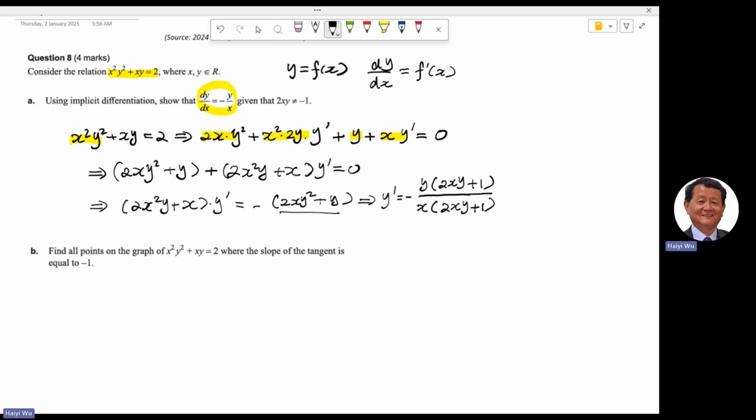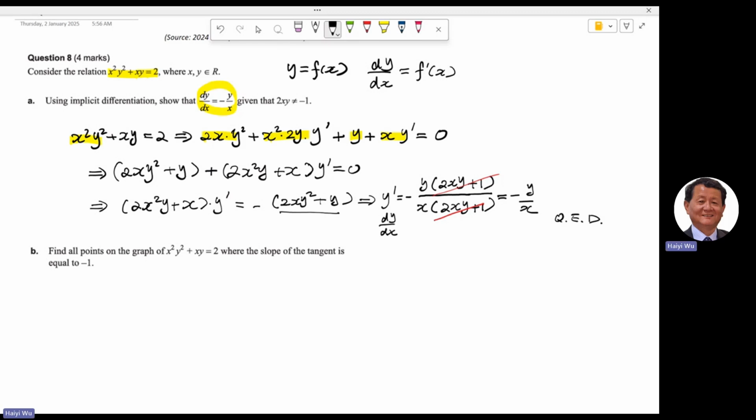You can see that when I take the common factor, those two are the same and cancel out. Therefore the answer is negative y over x. That's it, we proved it. That's dy/dx.